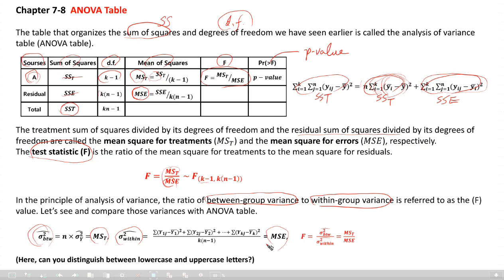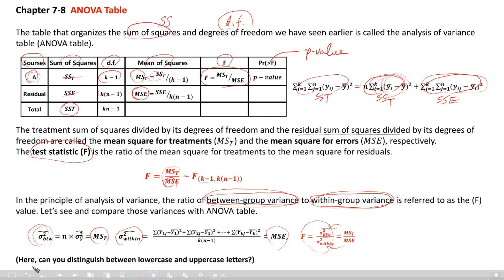I tried to explain the principle of analysis of variance: we have to use between group variance and within group variance. But in this one-way ANOVA model, we obtain MST and MSE. MST means between group variance, MSE means within group variance. You know what I mean?